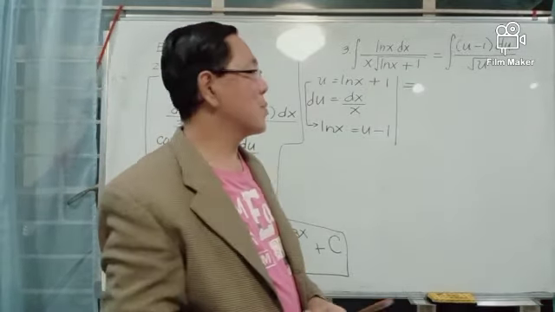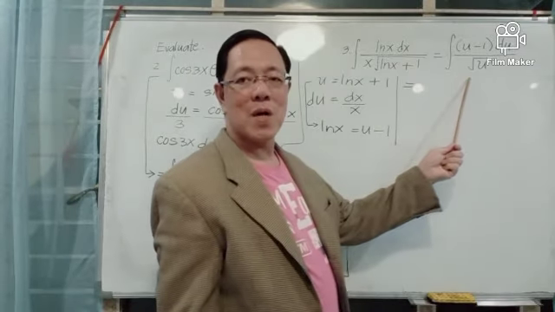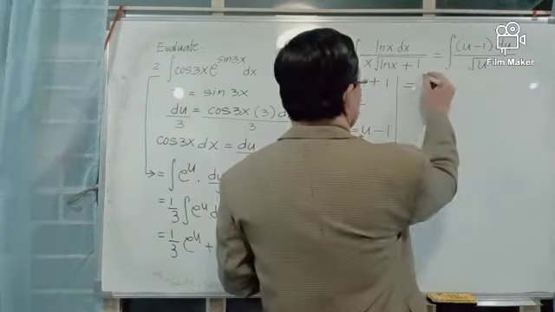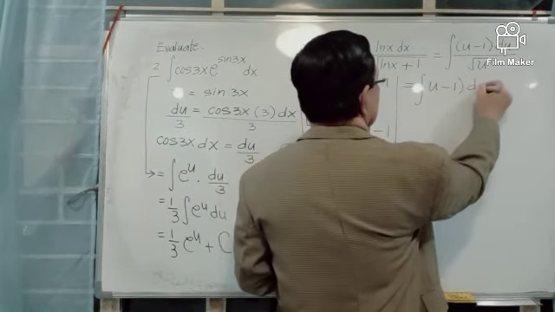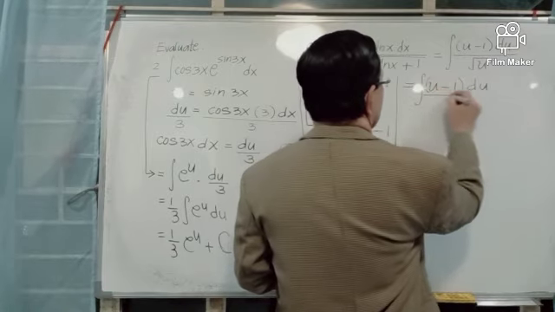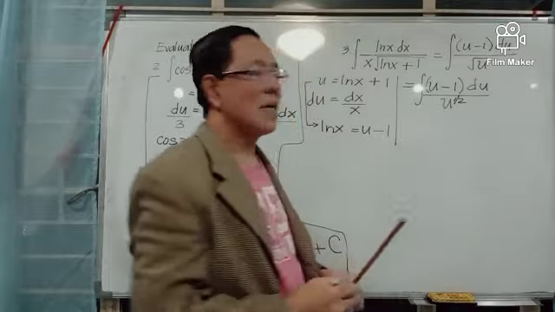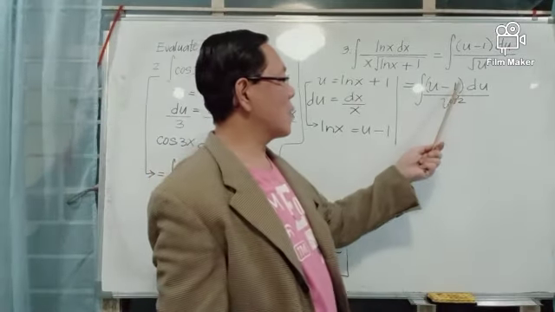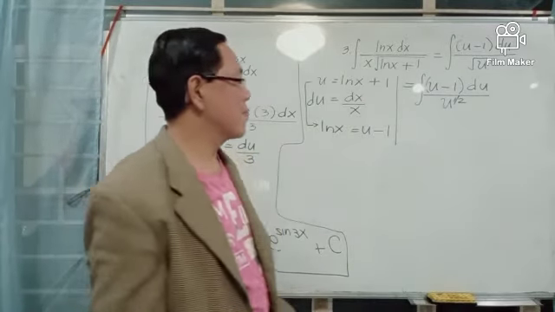But first we have to simplify. We write square root of u as u raised to 1/2. We have the integral of u minus 1 with respect to u. Divide by u raised to 1/2. And we bring u raised to 1/2 to the numerator by taking the opposite sign of 1/2.